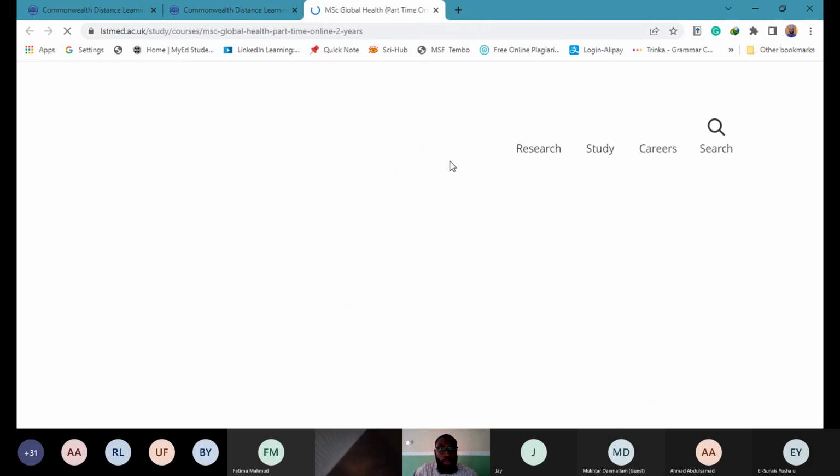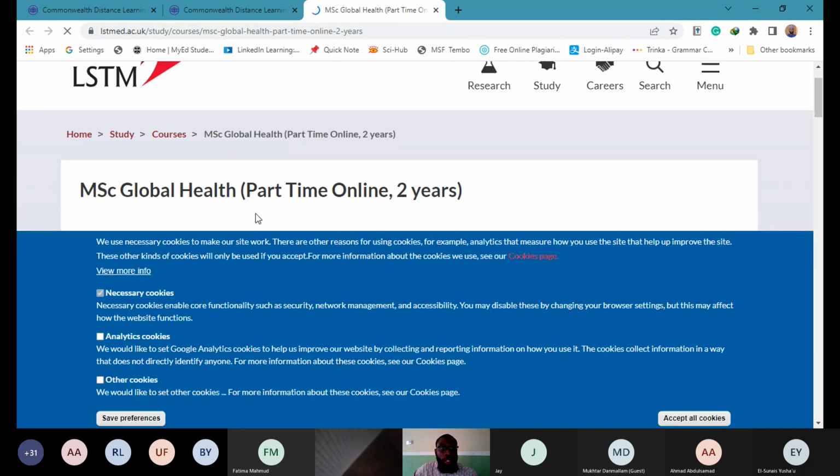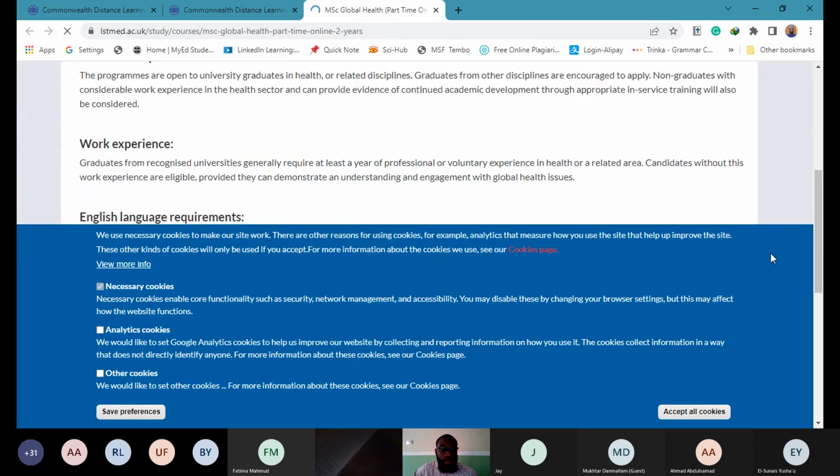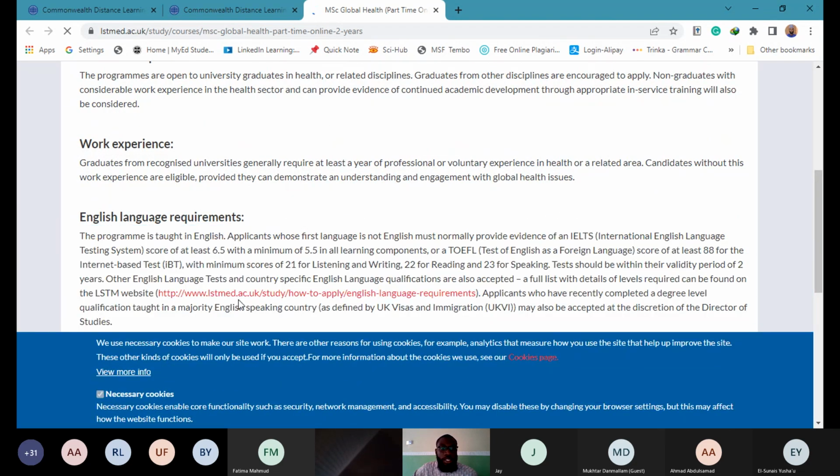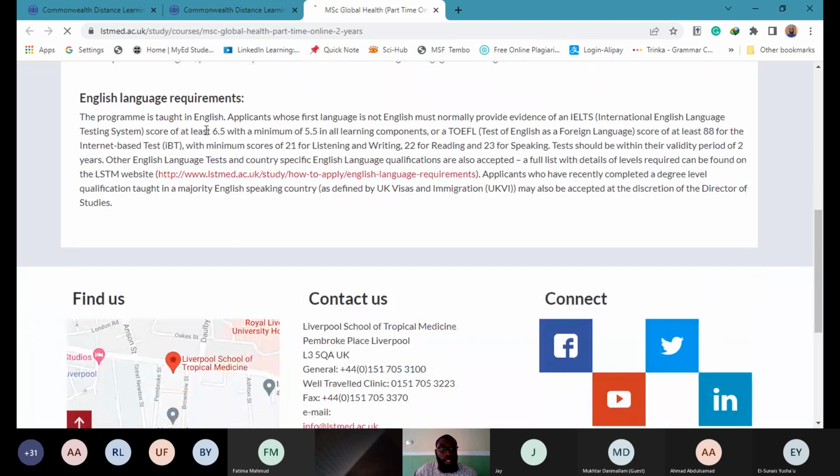If you open it, they will tell you it has an entrance requirement. This entrance requirement, you can see this is English taught and does not require IELTS.